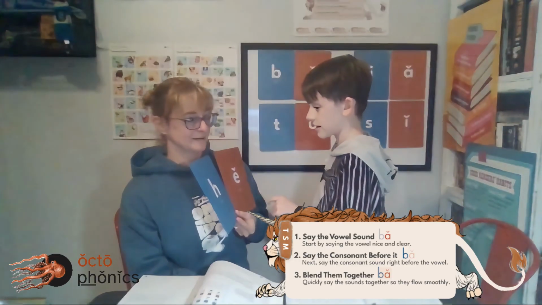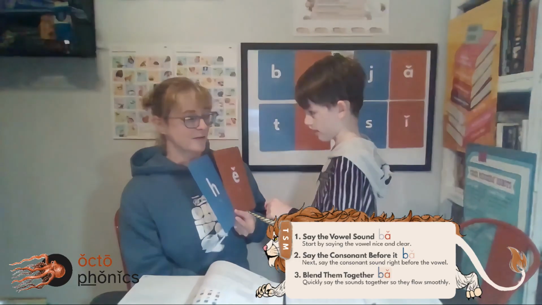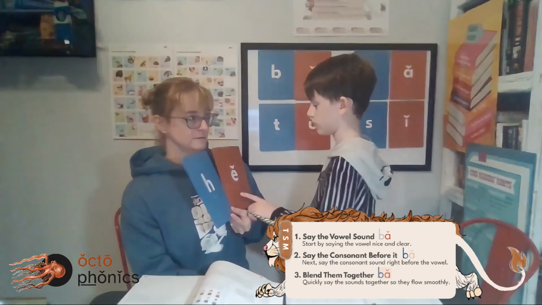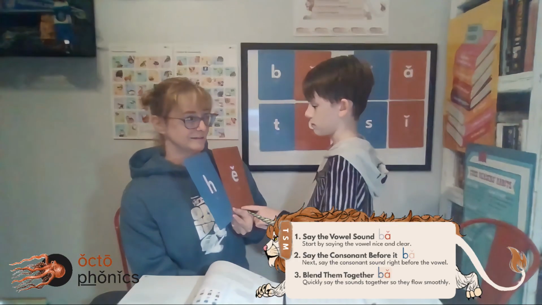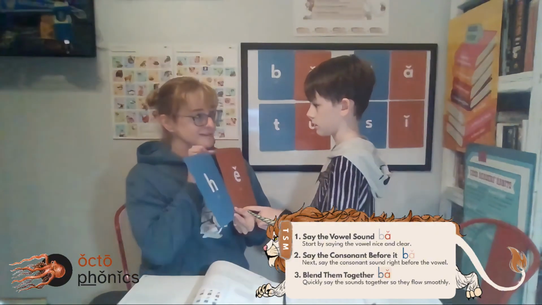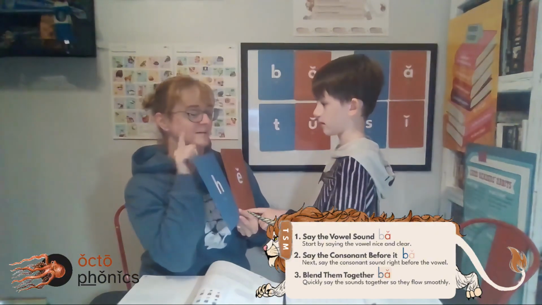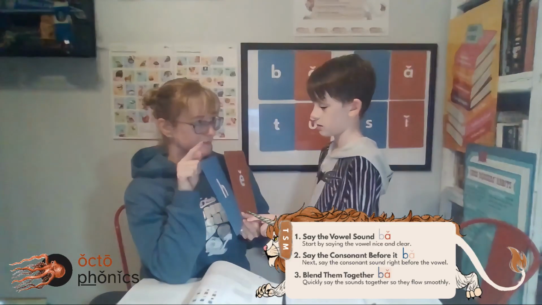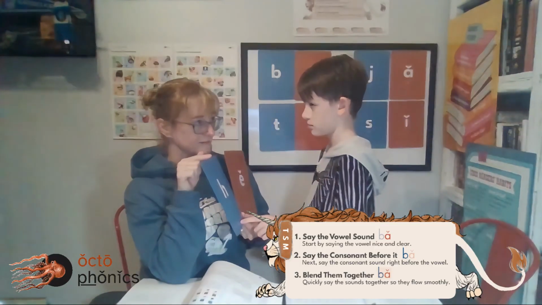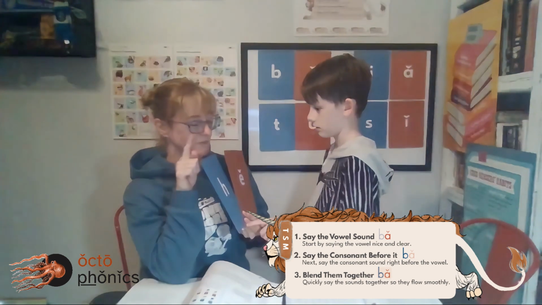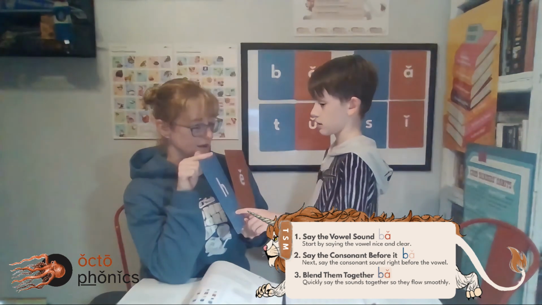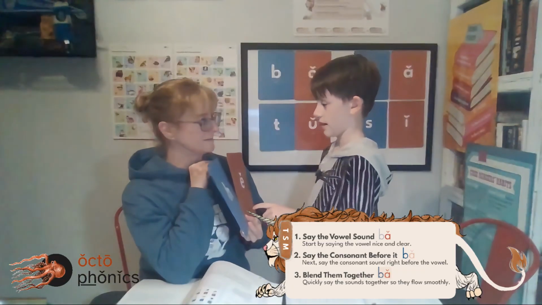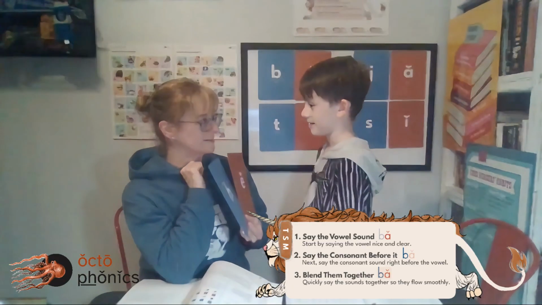Okay, so show us each step. Can you show us each step? So point to the vowel. Say the sound. What sound is it? Okay, now, don't put them together. We say... Good. Good job. Does that make sense?